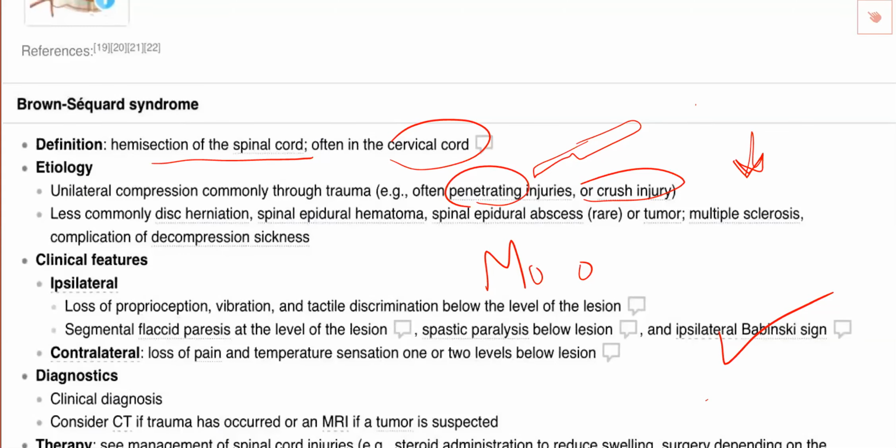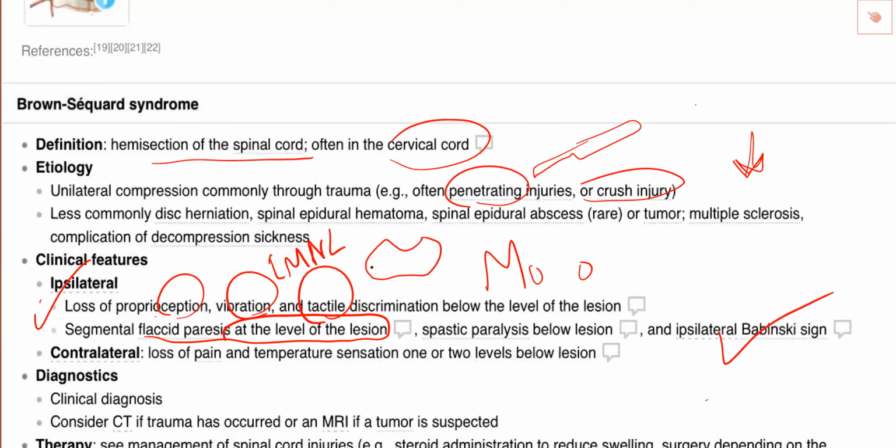Again, because all will ask about this, we have ipsilateral loss of dorsal column sensation, proprioception, vibration, and tactile discrimination. Ipsilateral flaccid paralysis at the level of the lesion because of lower motor neuron lesion at this level.